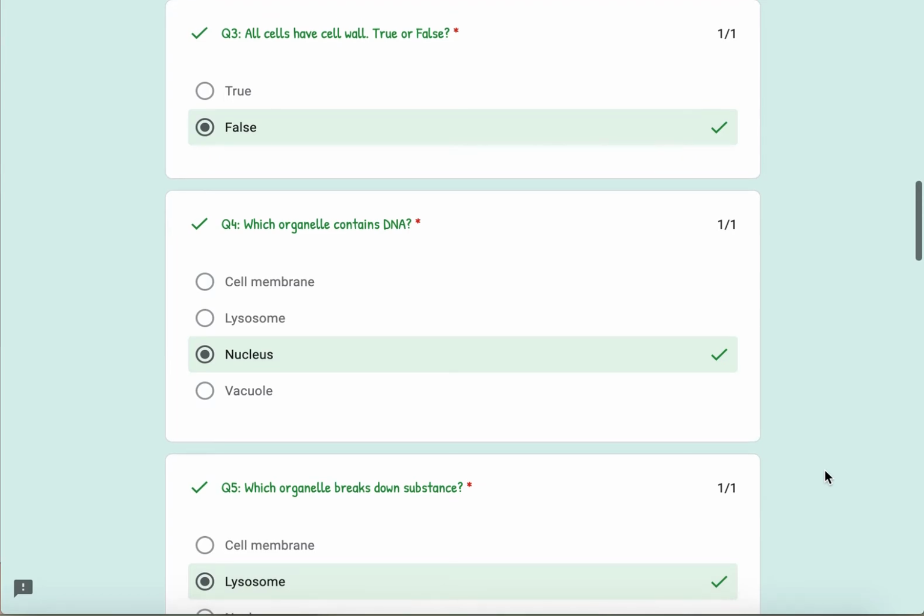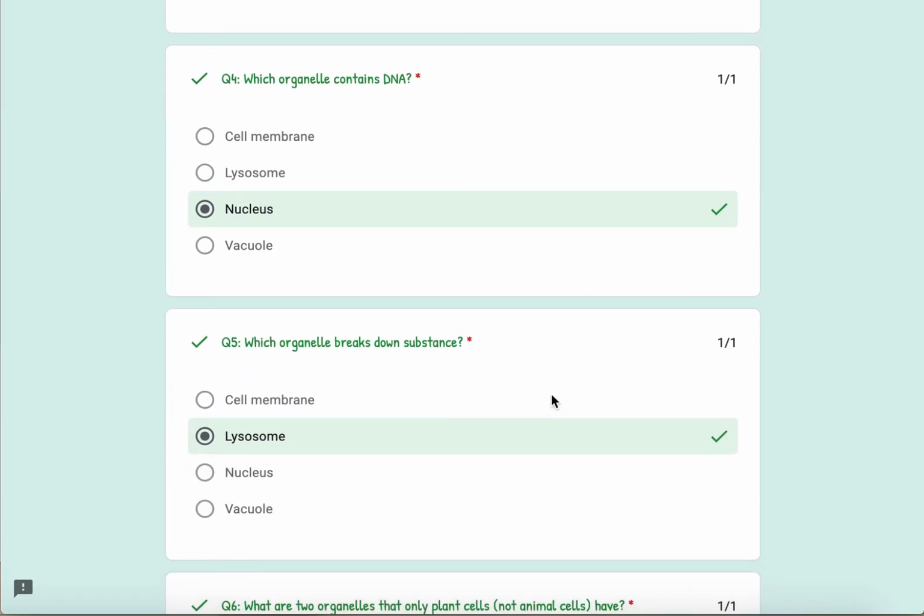Question 3, all cells have a cell wall, true or false? And that is false. Only plant cells have a cell wall, and that is why plant cells, you will see, have a polygon shape versus animal cells, you see that they're usually more round, a more circular or oval shape. Question 4, the nucleus is the one that contains DNA.